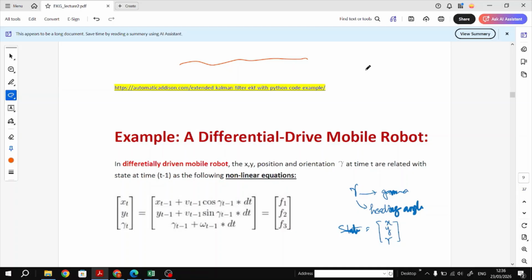So next we will do an example of how we can use the EKF equations, the EKF model, for estimating the state of, let's say, a differential drive mobile robot.